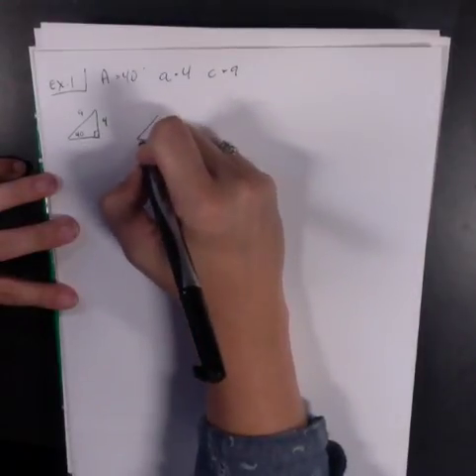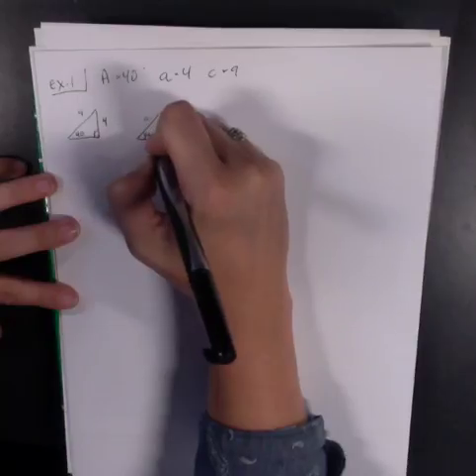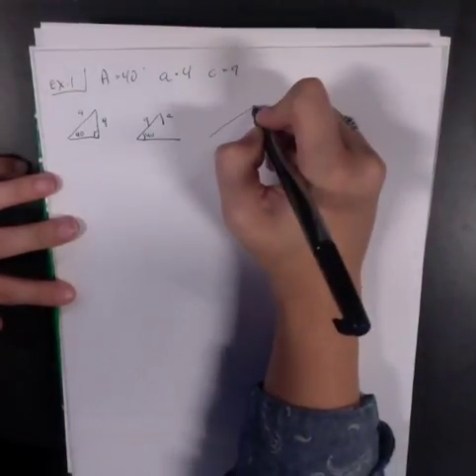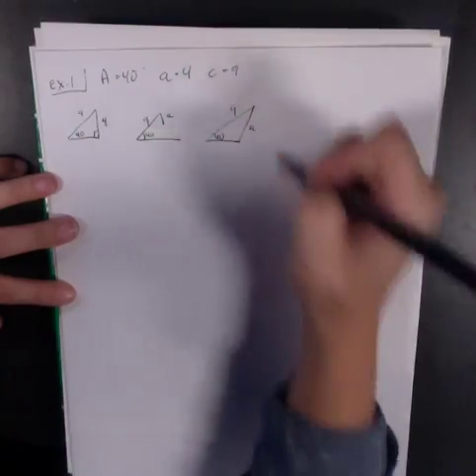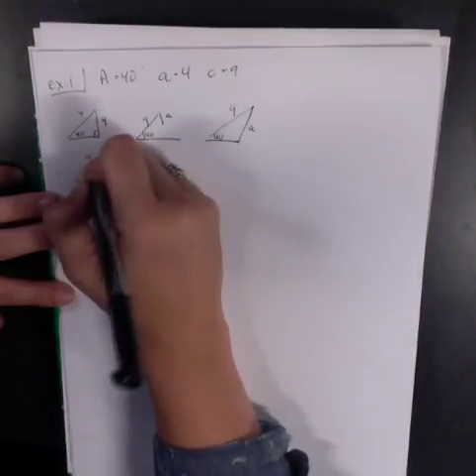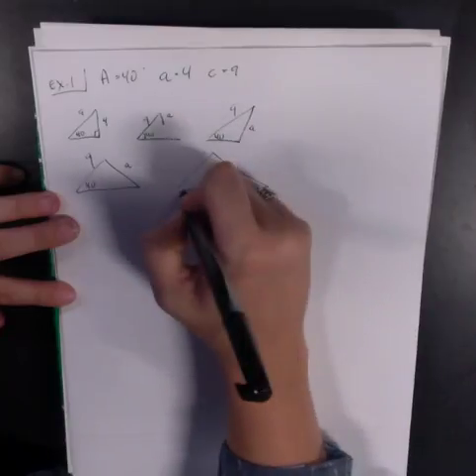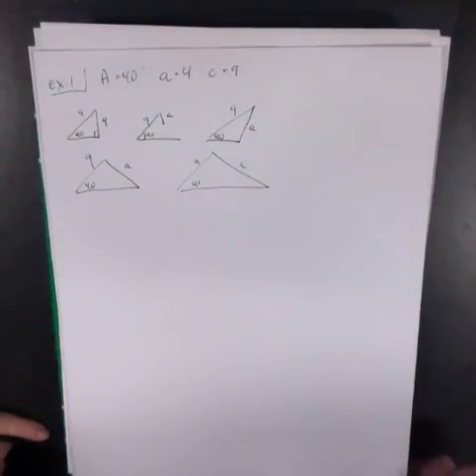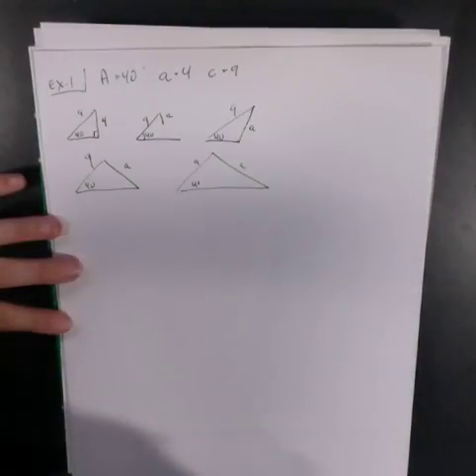We could have a triangle like this where this is 9, this is a, this is 40, which is not really a triangle, but we could have this where this is 40, this is 9, this is a. We could have this case, we have 9, 40, and a, or we could have this case. So the first thing that we have to do is solve for our height.